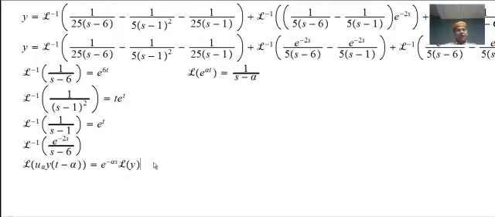So what we have, if we look at this here, is what we have to compute.